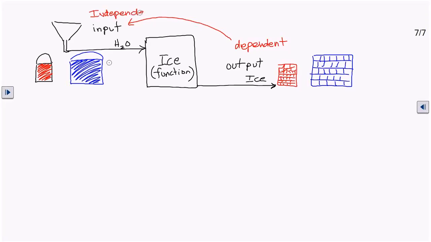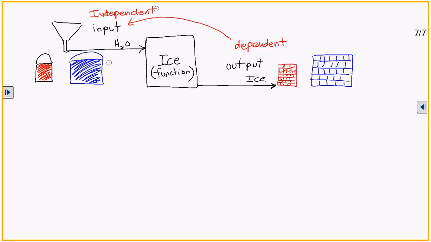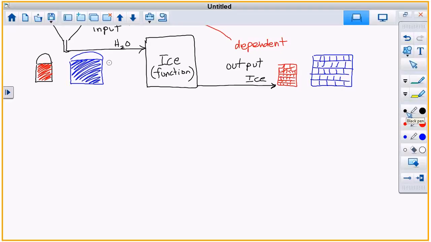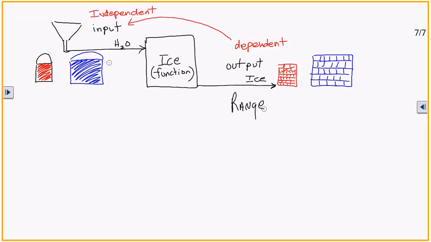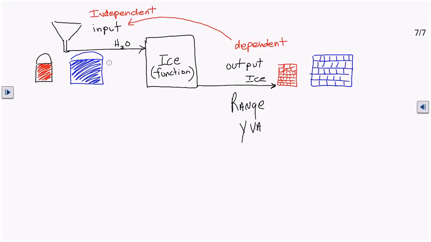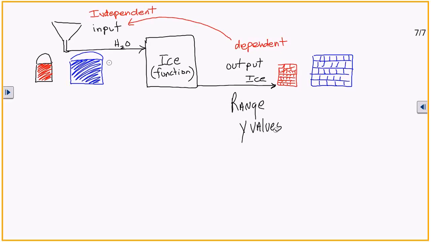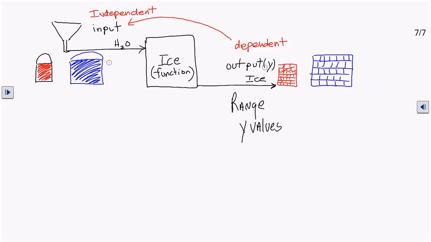Now we know something else here too. The output is not a good word. In mathematics and academia, we have to speak fluently. So we're going to call the output the range, because it has to deal with the y values. Because output is y.